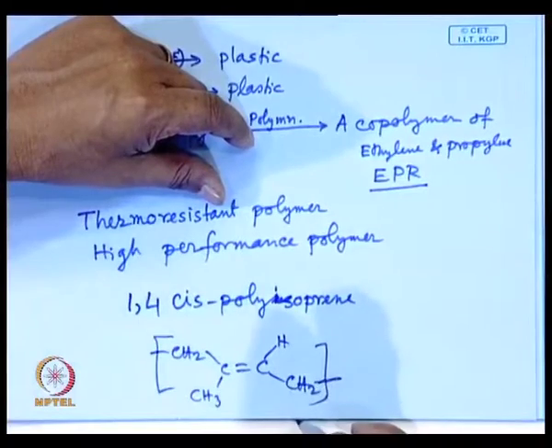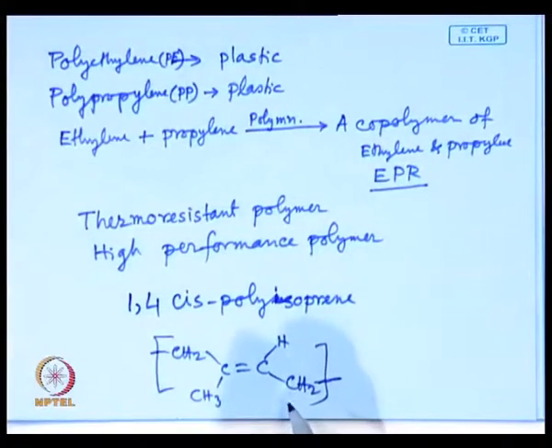This is the chemical constituent of natural rubber, 1,4-cis polyisoprene, synthesized by nature, but this can be synthetically made in industry, in a polymerization reactor. So, this is tailorability.